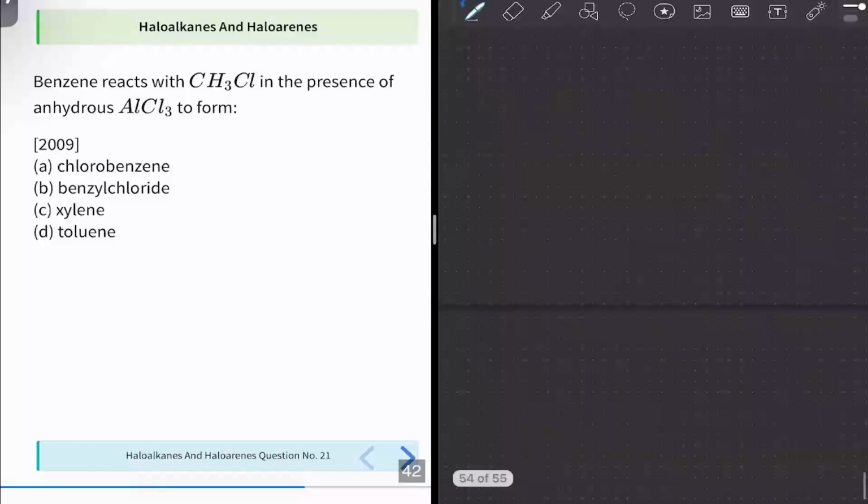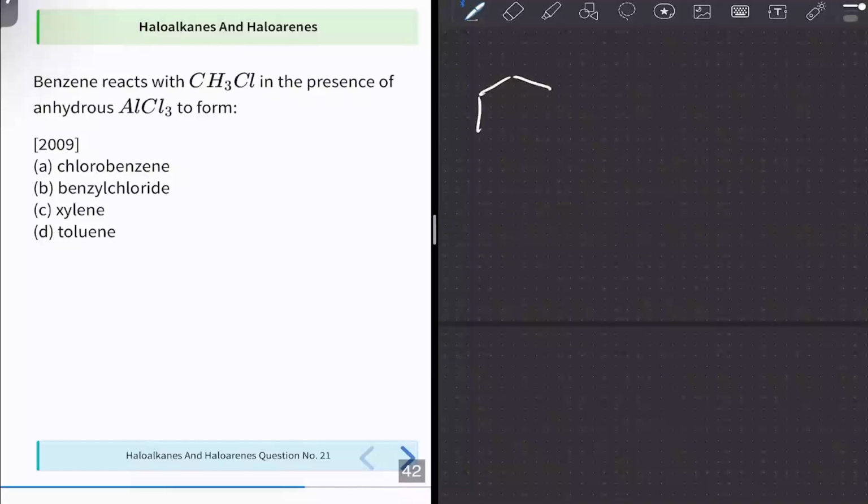Question number 21. Benzene reacts with CH3Cl in the presence of anhydrous AlCl3 to form... If you know the reaction, it is Friedel-Crafts alkylation and acylation.